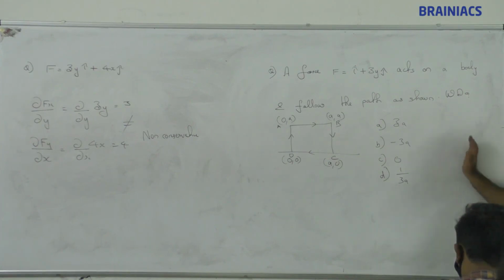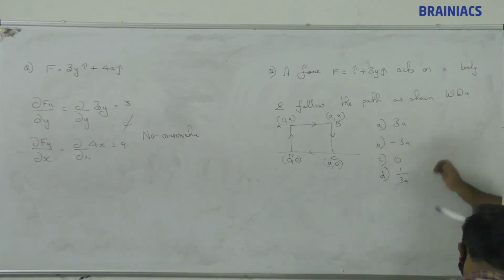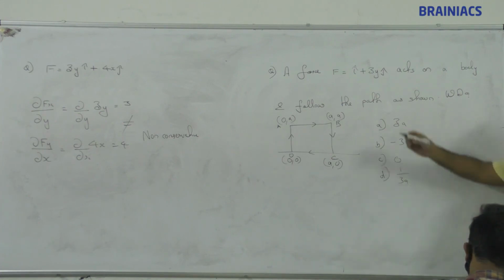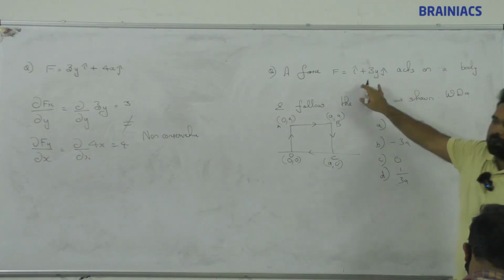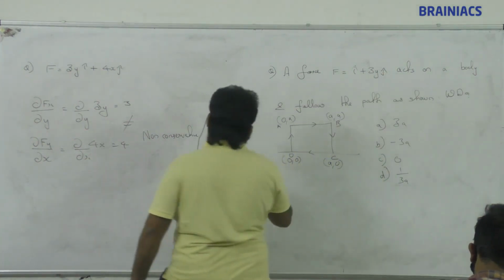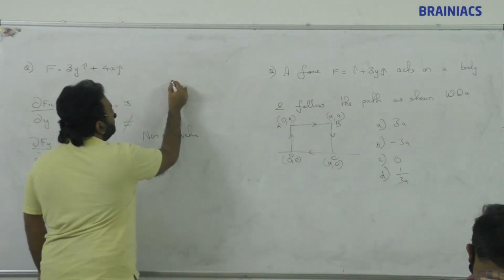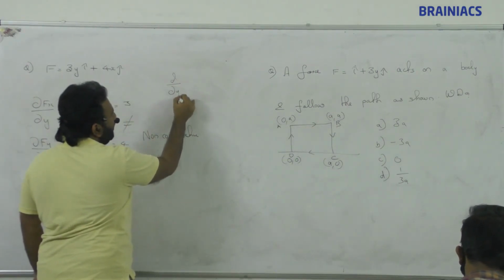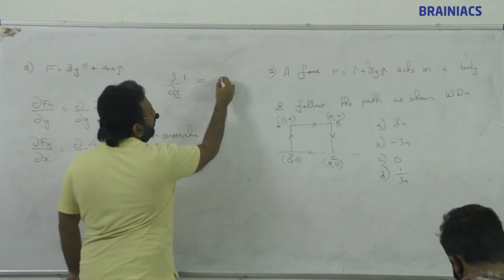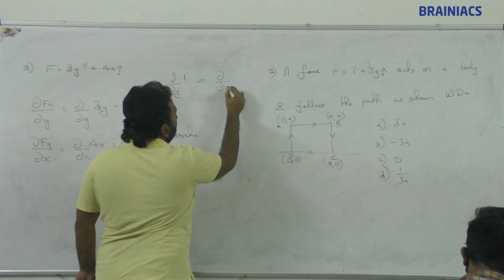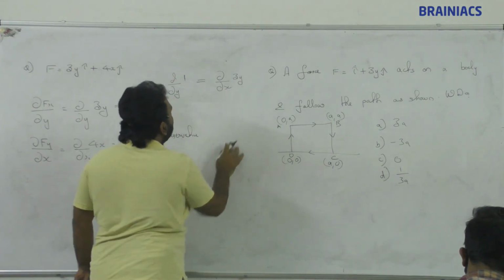Okay, what is the answer? 0. Okay, so we are just checking whether this is conservative or not. That is all, right? So ∂(1)/∂y, whether this is equal to ∂(3y)/∂x.